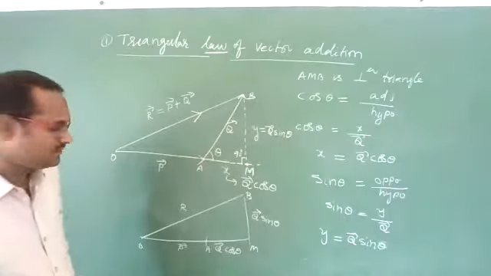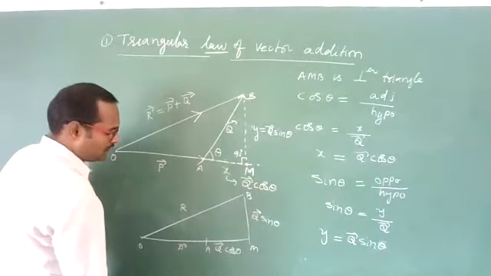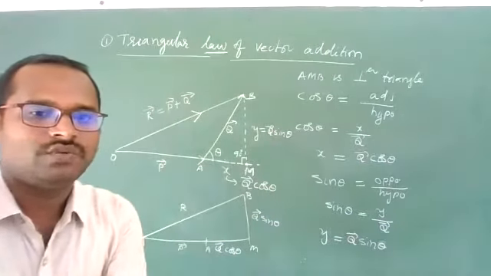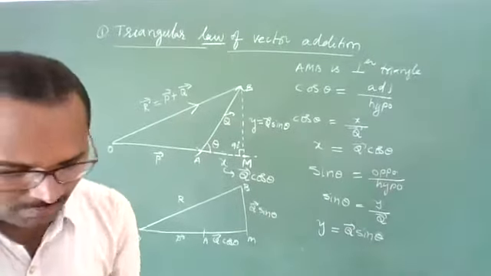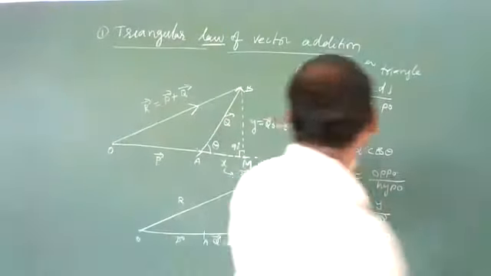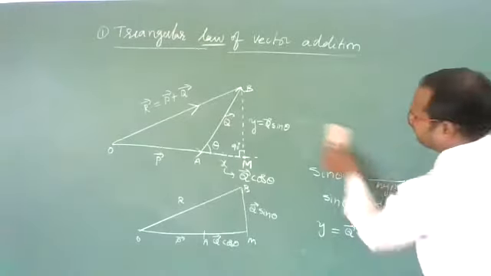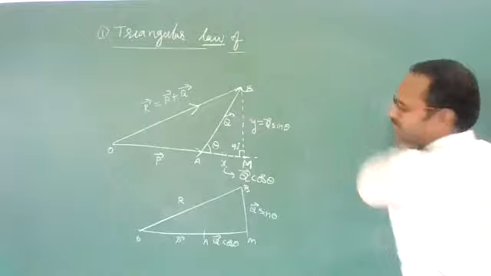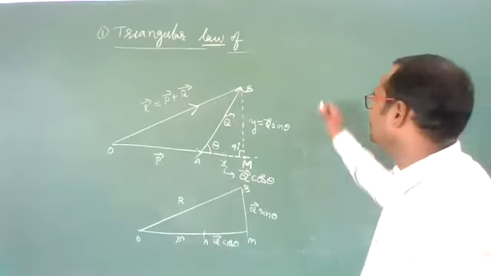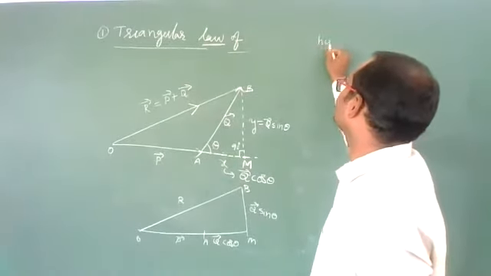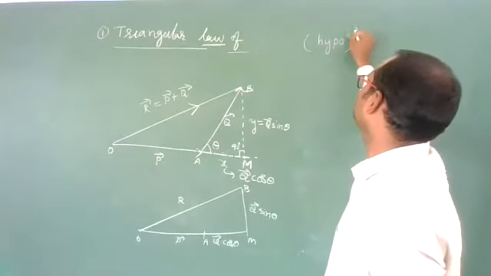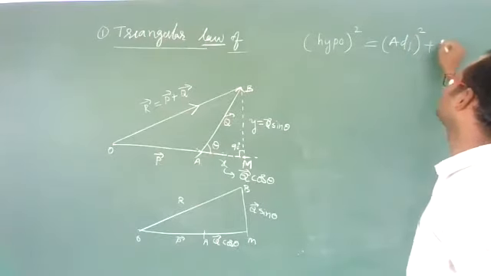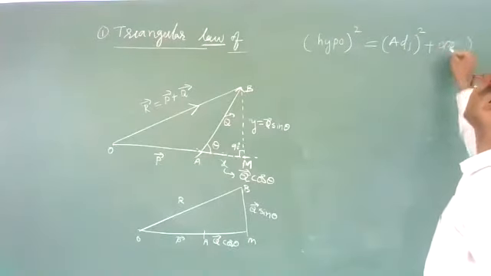Clear? Yes. Now, see, it is one right angle triangle. You want the hypotenuse value. What to do? You know Pythagoras theorem. Apply Pythagoras theorem. What will you get, Nana? According to Pythagoras theorem, hypotenuse square is equal to adjacent side square plus opposite side square.